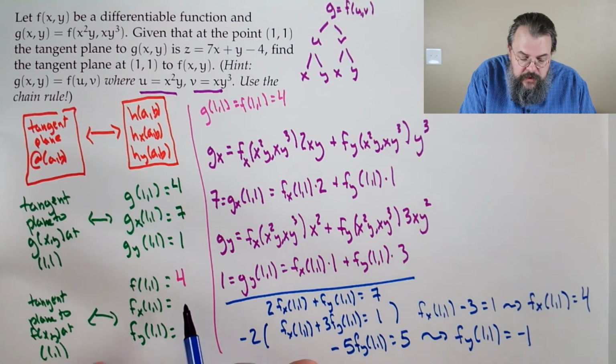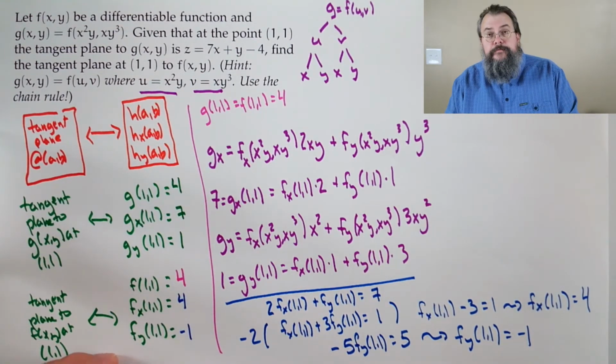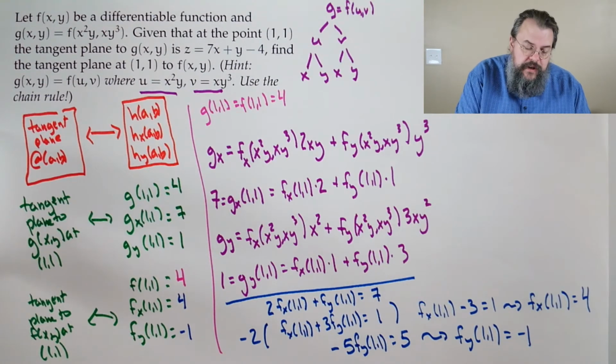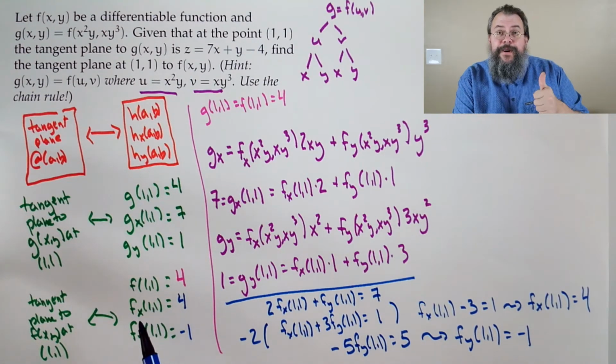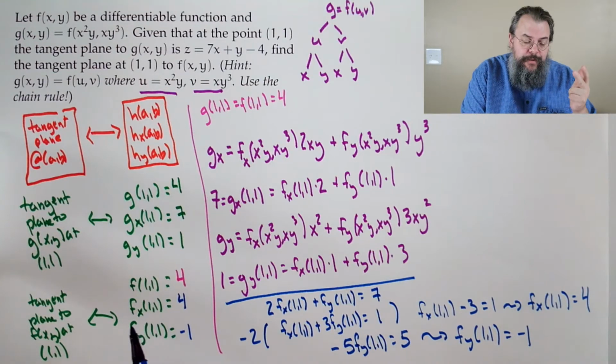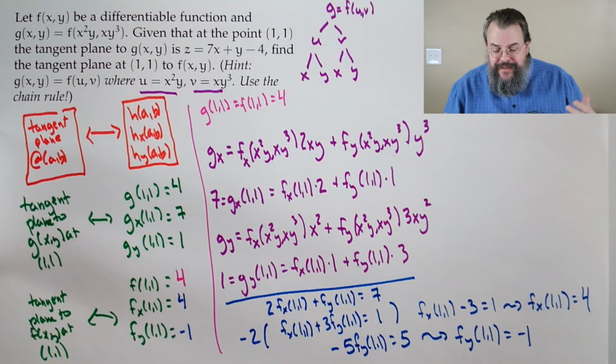So we know these two values, 4 and negative 1. Now we've figured out the function at (1,1), the partial derivative in x at (1,1), and the partial derivative in y at (1,1), which means we have the information to make the tangent plane.